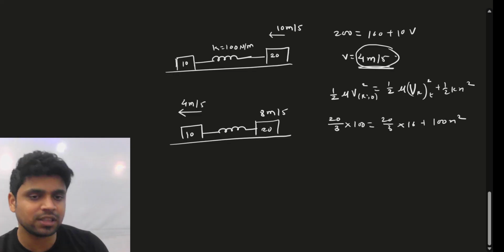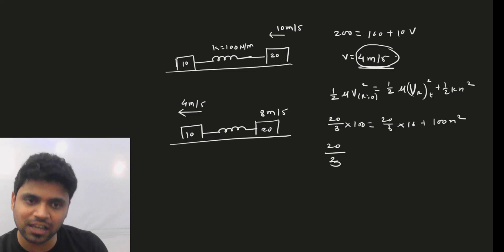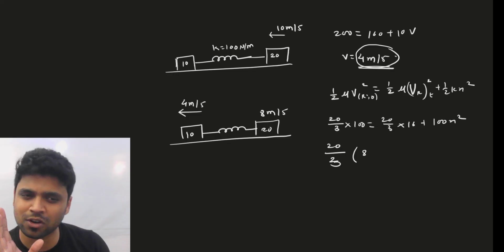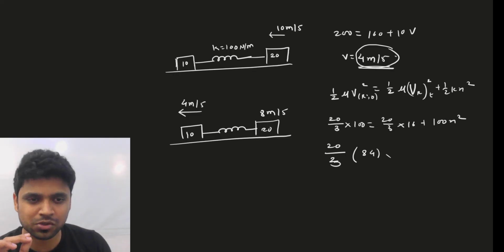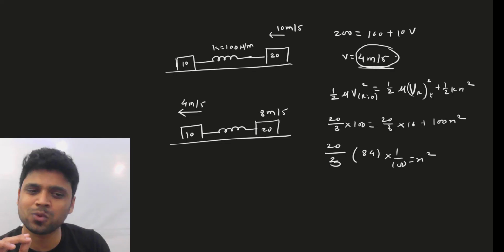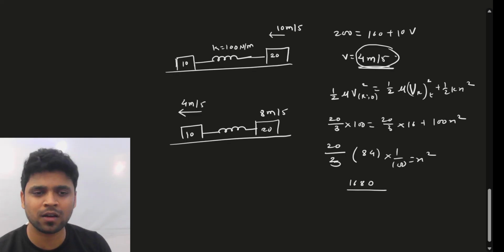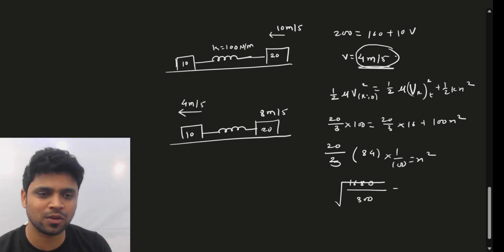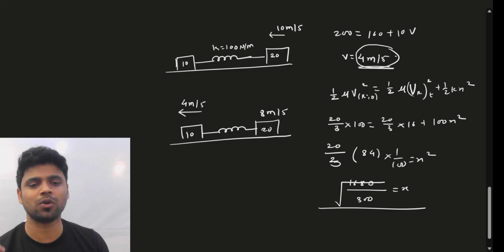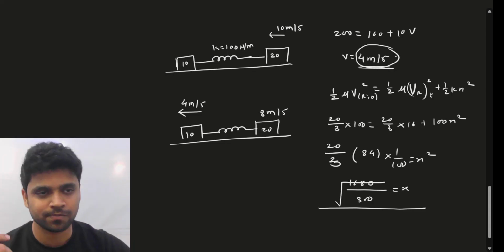So what I'm left with, students, is this value now. 20 by 3 multiplied by 100 minus 16 is 84, divided by 100, whole multiplied by 1 upon 100, is the value of x squared. You can calculate from this whole expression, I think it's 1680 divided by 300, is going to be x squared. So the value of x is going to be the root of all that. This is the compression at this instance.